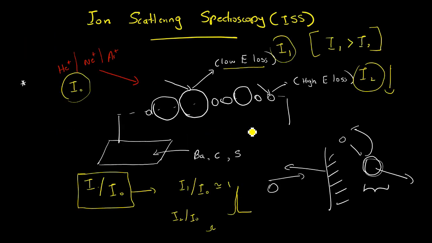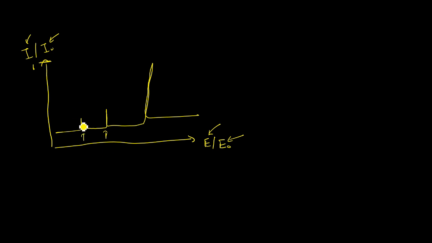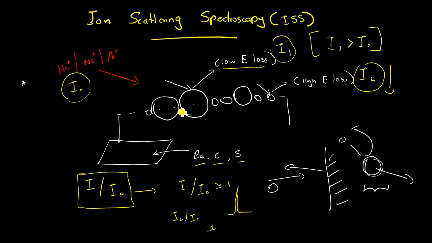If you remember, our sample consists of barium, carbon and sulfur. So these two peaks are mostly similar, but this peak over here, right, it has a high intensity. So this is relative to the barium, because the barium is there, right? Barium is relatively larger when it comes to atomic number.